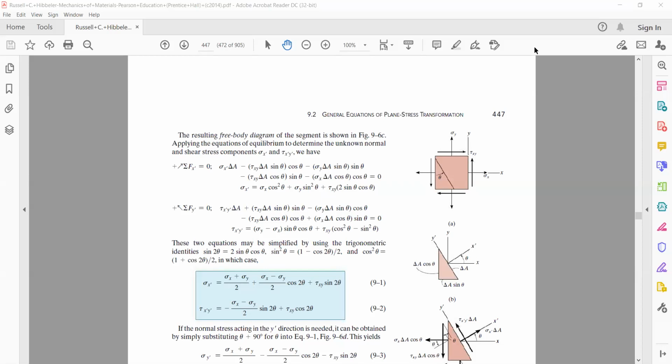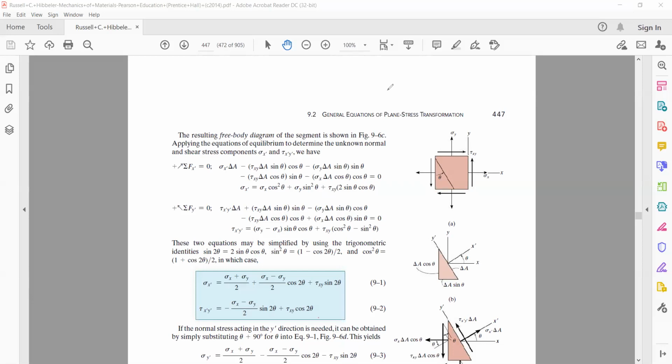As far as today's class is concerned, today we will finalize the transformation equations. Okay. Well, in yesterday's class, we derived two equations.